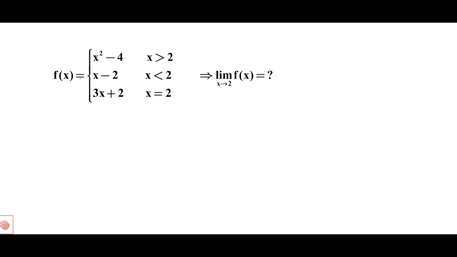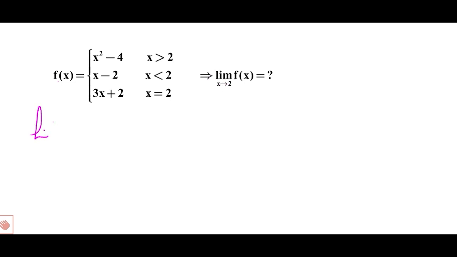If f of x is equal x squared minus 4 if x is greater than 2, x minus 2 if x is less than 2, and 3x plus 2 if x is equal to 2. So what is the value of the limit of f of x as x approaches 2?